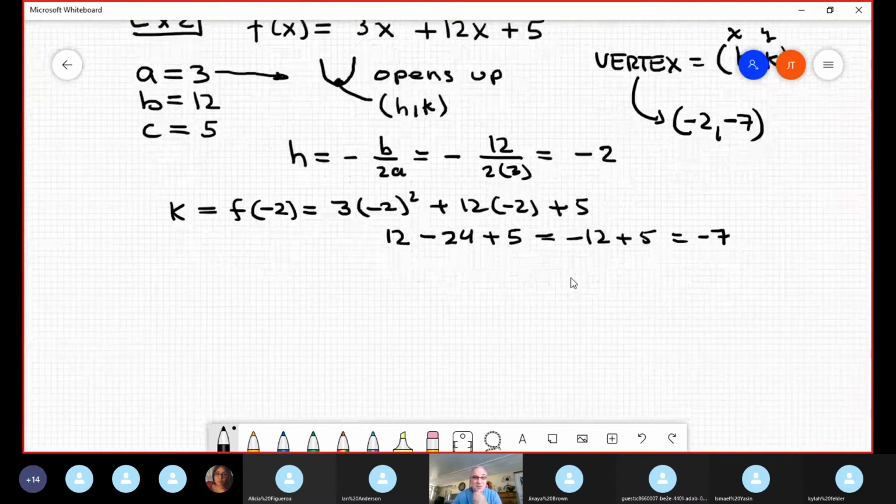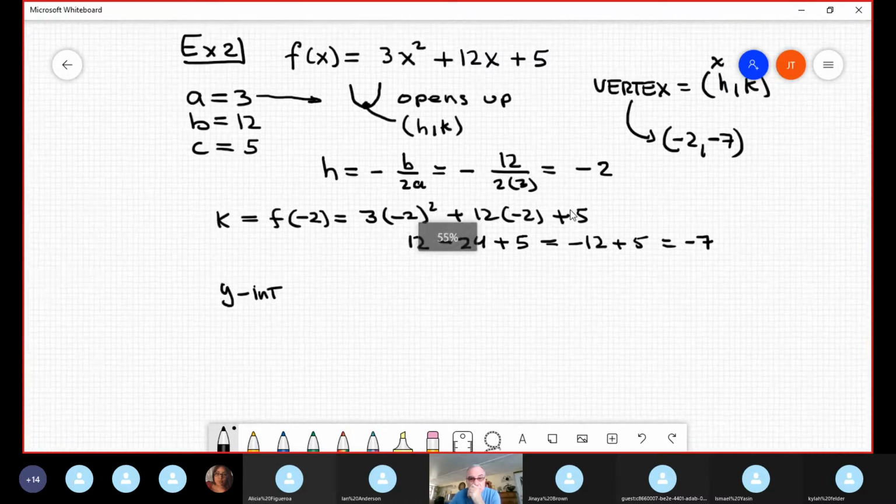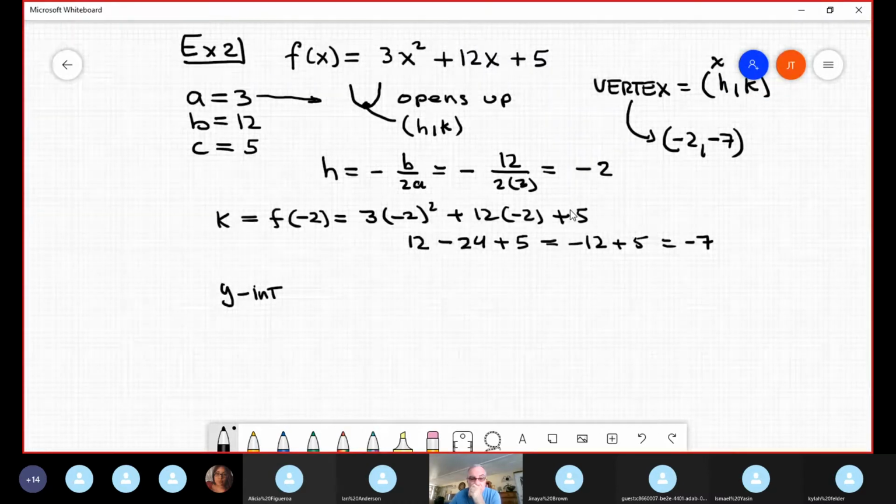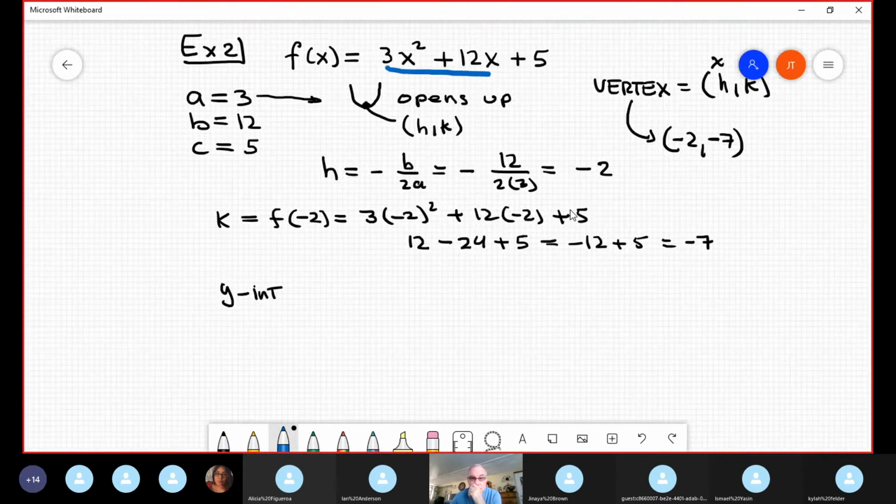In order to find the y-intercept, it's super easy, because I take advantage that the original was expressed in standard form. So I know that when this situation happens, the y-intercept occurs at 5. It's the point (0, 5). Always (0, C). In general, it's (0, C).